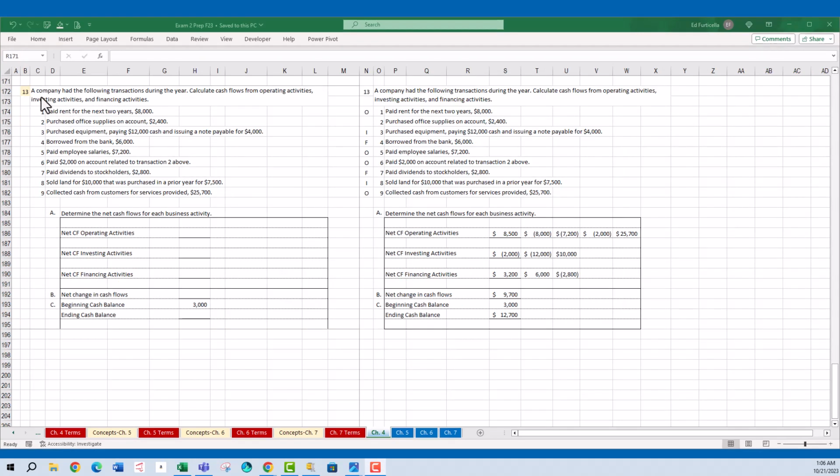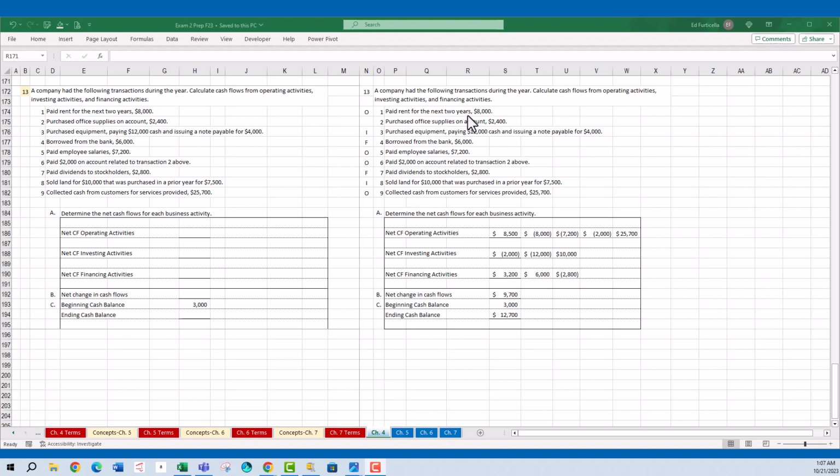Number 13 says that a company had the following transactions during the year. Calculate the cash flows from operating activities, investing activities, and financing activities. Once again, I've unshaded the answers so that we can move through this in a timely fashion.